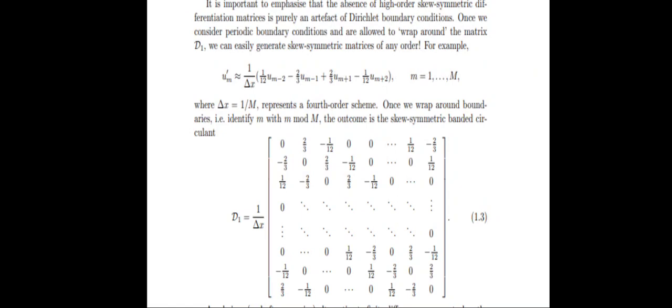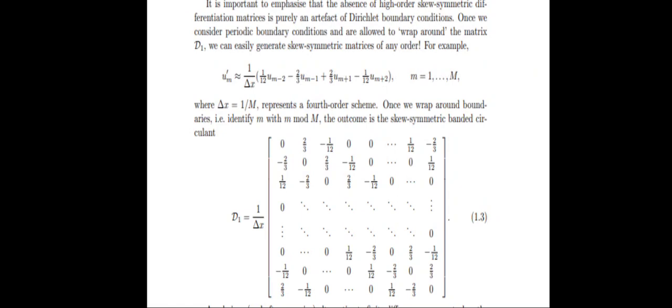For example, u'_m ≈ 1/Δx (1/12 u_{m-2} - 2/3 u_{m-1} + 2/3 u_{m+1} - 1/12 u_{m+2}), where m = 1 to M, where Δx = 1/M, represents a fourth order scheme.